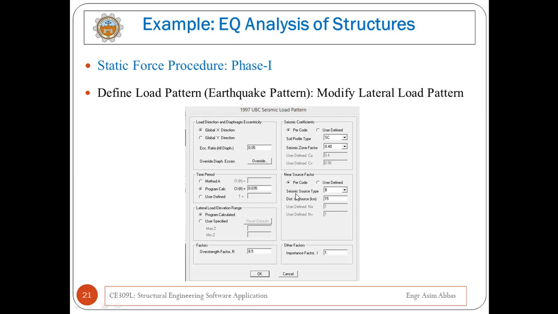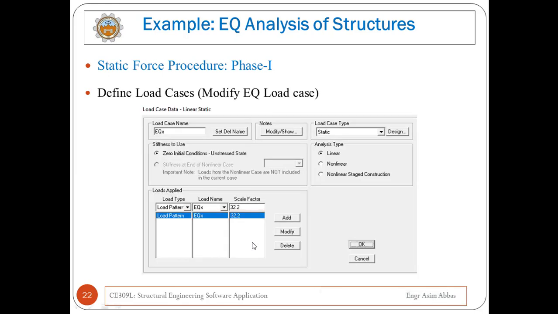Then similarly I will enter the seismic source type, then the distance to the source, and then I will enter the importance factor and the R factor, right? And similarly I will repeat the same inputs for the global Y direction, right? Okay, once the load pattern for earthquake is completed, the next step is to define load cases, right?